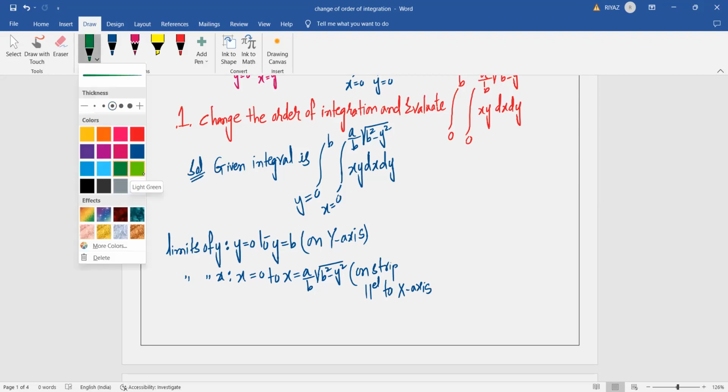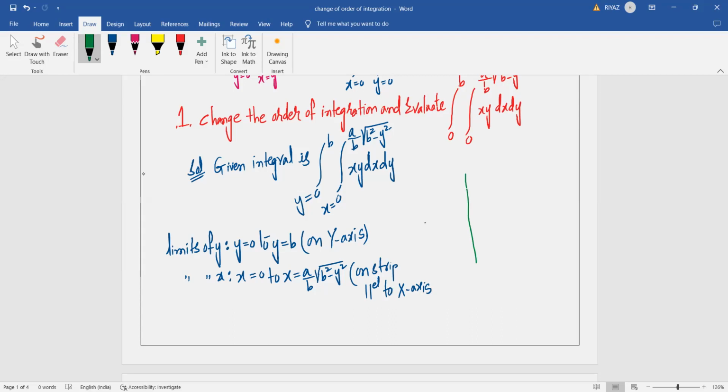This is, of course, the coordinate axis. Now the ellipse will be like this. This is the ellipse. Now limits of y. This is 0 comma b, this is 0 comma minus b.